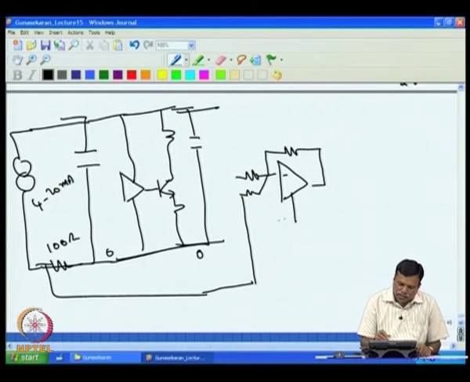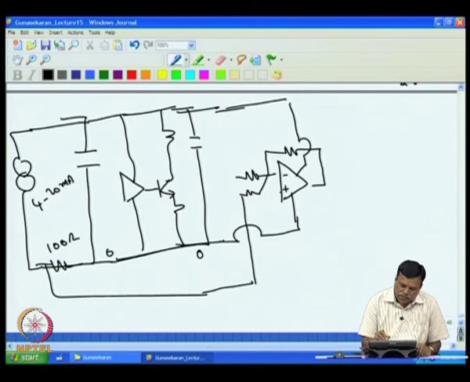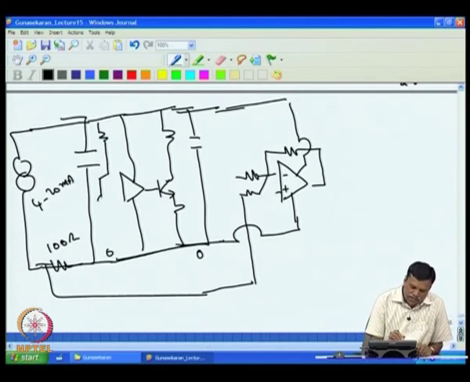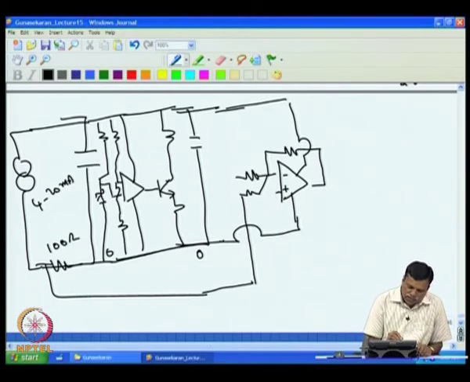So we have to work this op-amp in single supply mode only. A minus voltage cannot be given to the input. The input should always see a positive voltage, and the plus terminal can be given to V reference, because we have the V reference at this point, which is given to this, and the output is compared here. So this V reference voltage itself can be used for this purpose.